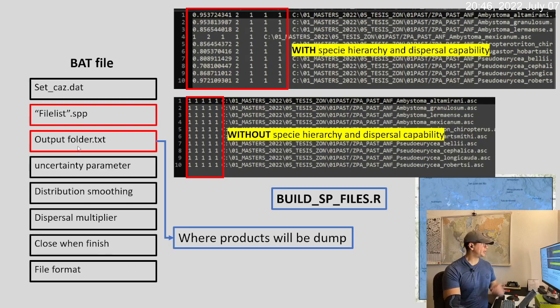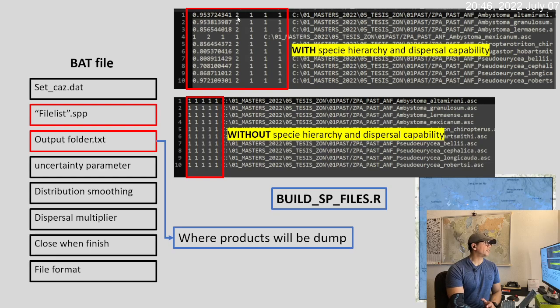Then, as I mentioned before, the output folder where everything is going to be dumped. And one more thing, here we have the 5 columns, right? In the first image we can see the score value based on 1.